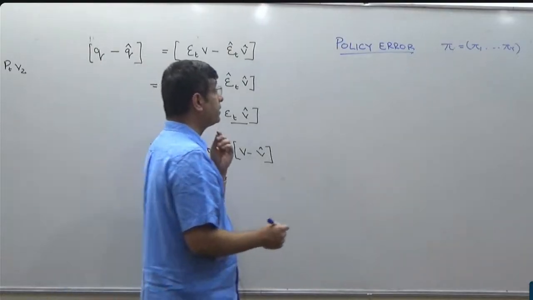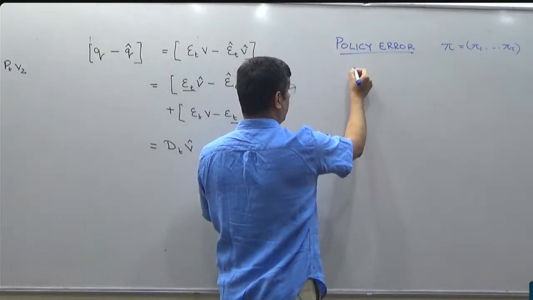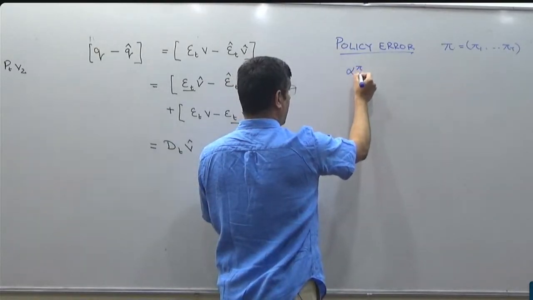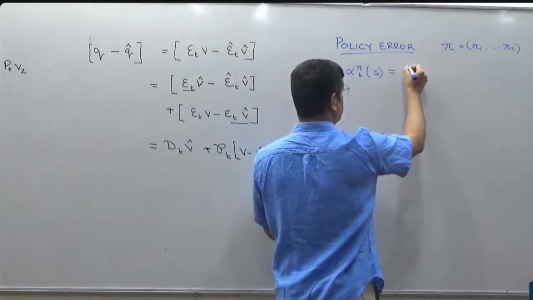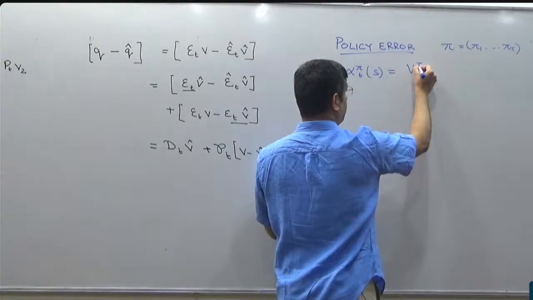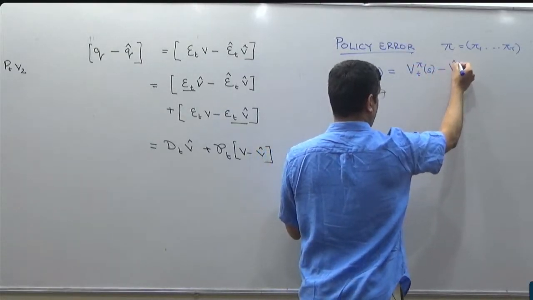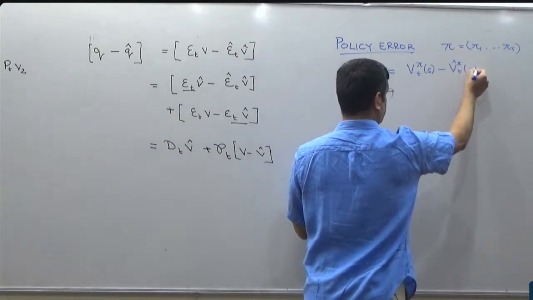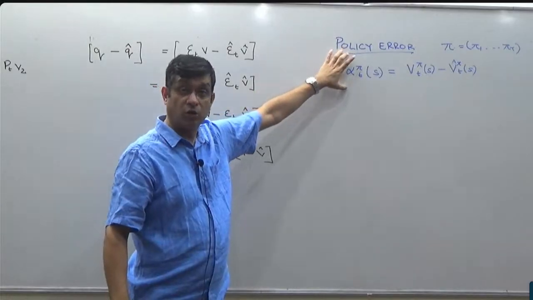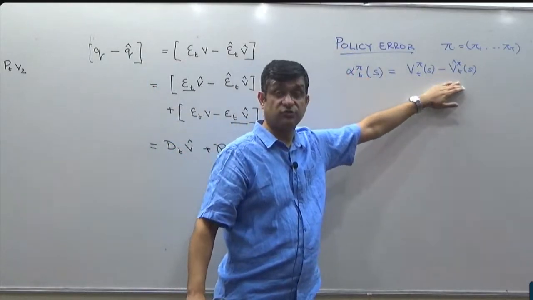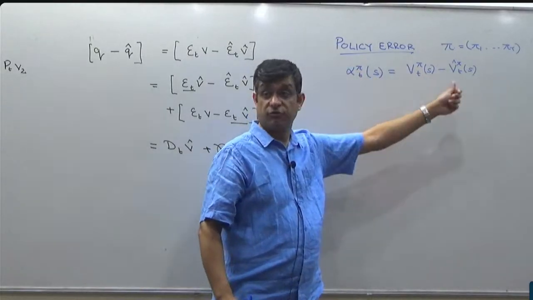And I am going to define alpha pi_t of s to be equal to v pi_t of s minus v hat pi_t of s. In the sup norm analysis, I was defining a constant to be the norm of the difference of the functions. In this case, I am defining a function which is the difference of these two functions.